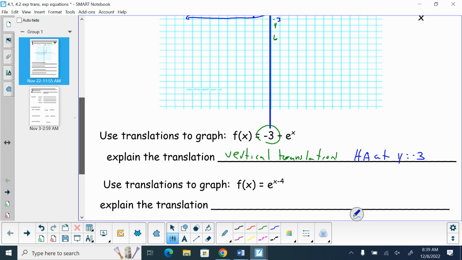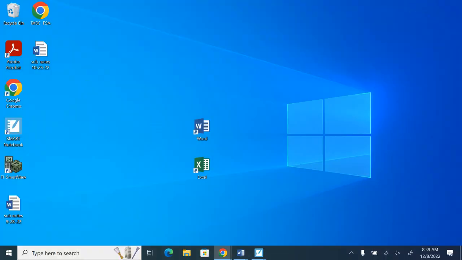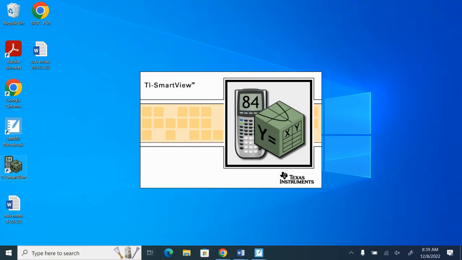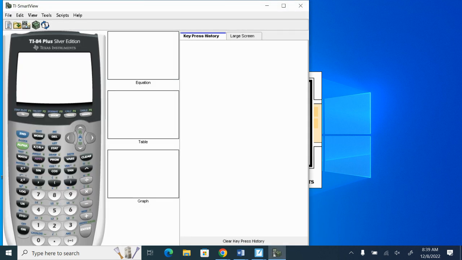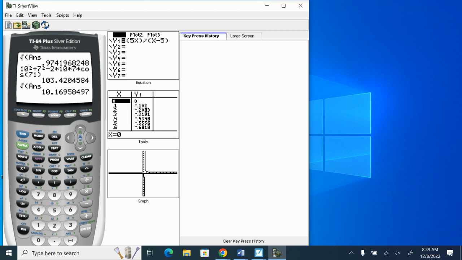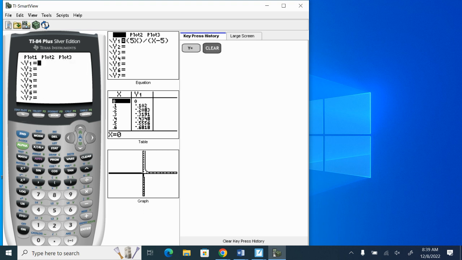If we subtract 4 from x, let's look at the graph of our function on the calculator. Let's go to our calculator and into our y equals. If you have functions there, you're going to have to clear them out.